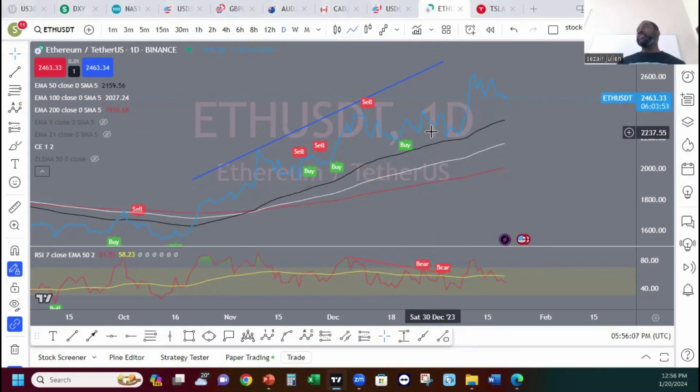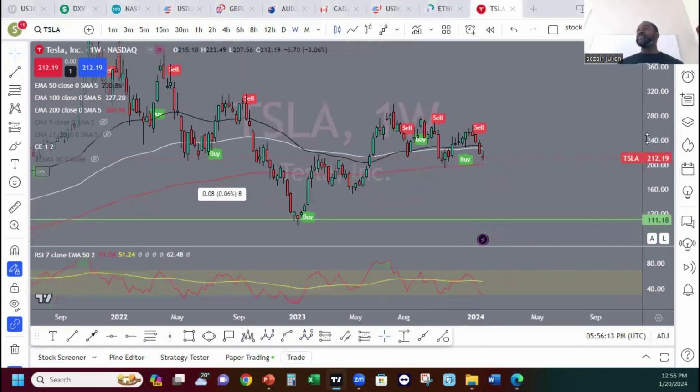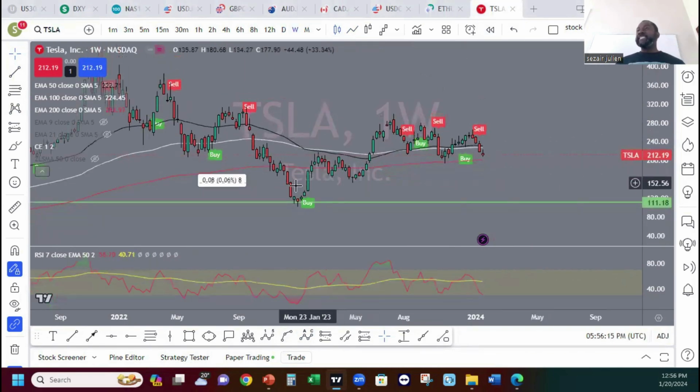Let's look at now a stock chart. This is Tesla. If we look at this in January 2023, Tesla was selling for $115, as you can see right here. So from there, it's going up all the way to $297.